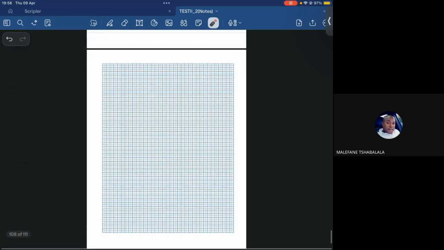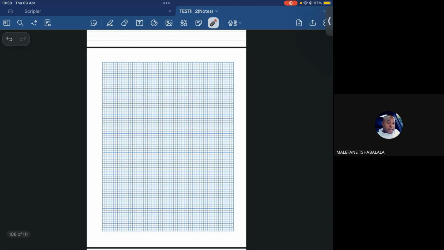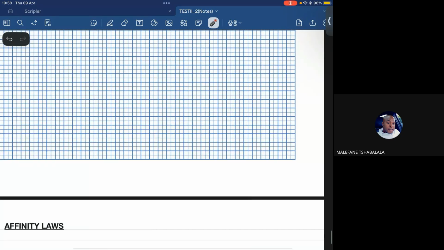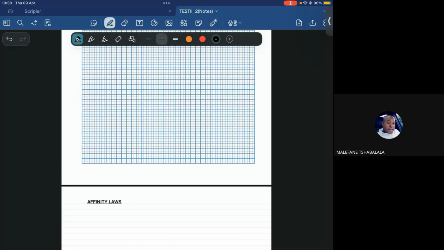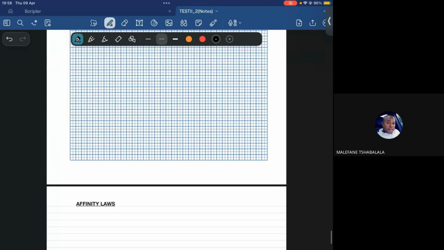Okay, so here's the graph paper, like I said. This will be the graph of the head versus the volumetric flow rate.